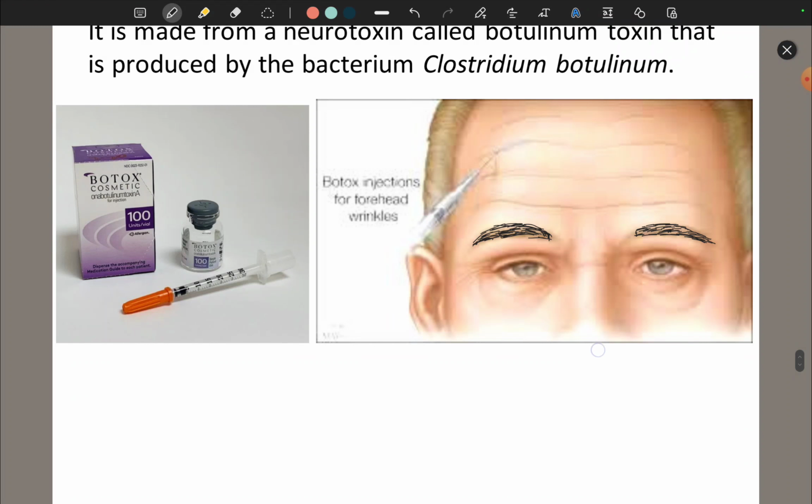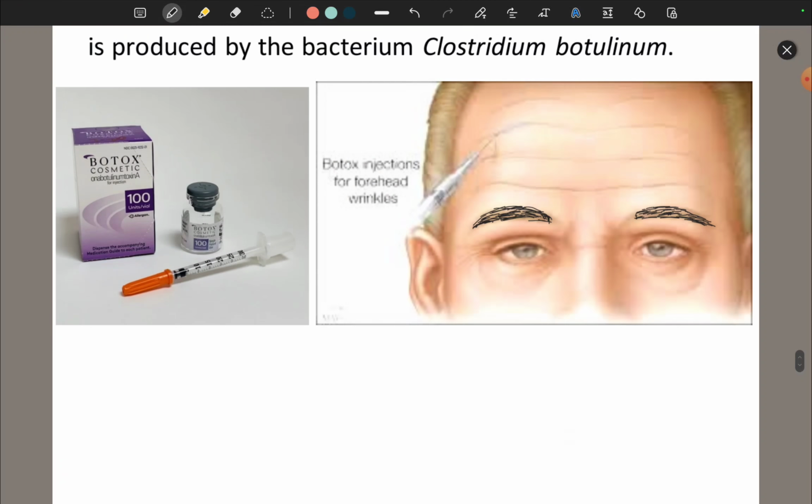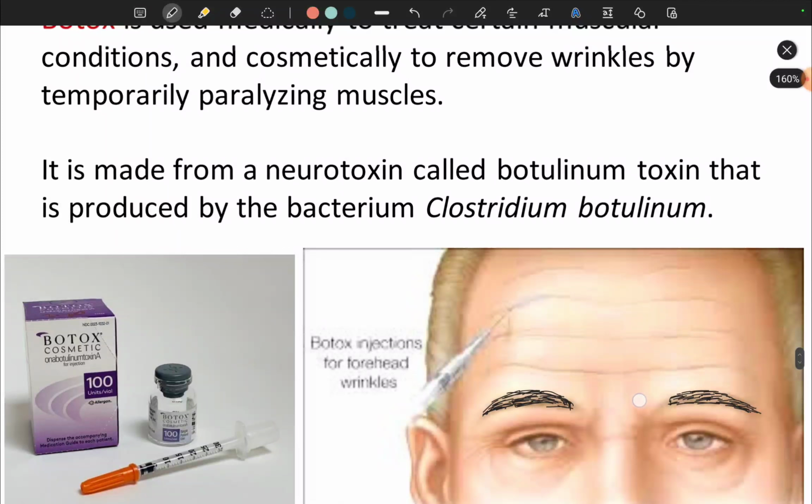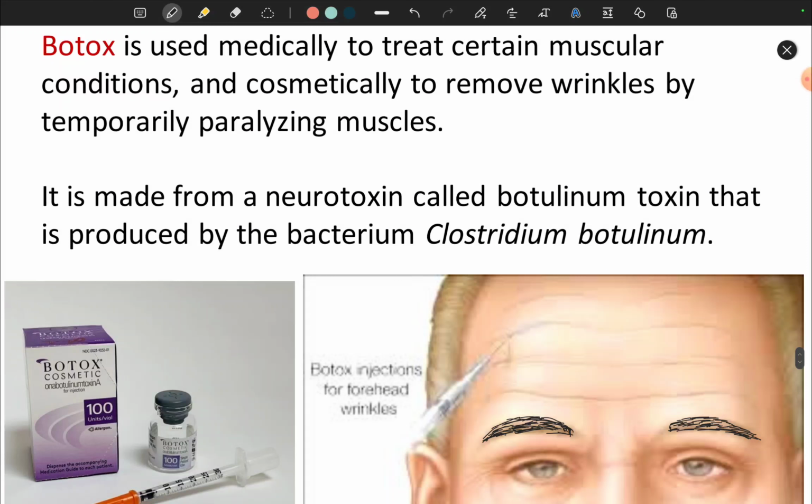So it causes a relaxation of the muscles underneath the injected area, giving the impression that the face is relaxed, there are no wrinkles, there are no movements, and so on. So it is the same concept, but here it is given in low doses, and it is the same toxin from the same bacteria prepared in labs.